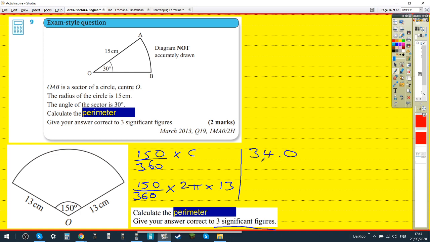So let's say 34.0. That's 3 digits, 3 sig fig. So that's the arc length. They asked for the perimeter. So then you add 13 to 34. That'd be most of the perimeter. They add 26. Yes. And so you can use calculator. What do you get for that?